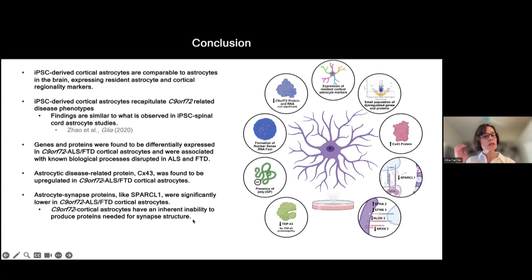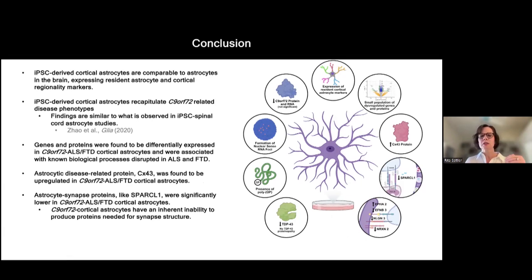And we think that SPARKLE1 is one of the critical players that significantly contributes to this synaptic dysfunction that occurs early in disease. We're hoping that SPARKLE1 could be an additional biomarker that we could utilize because it is detectable in CSF. Now we're trying to look for existing CSF samples.